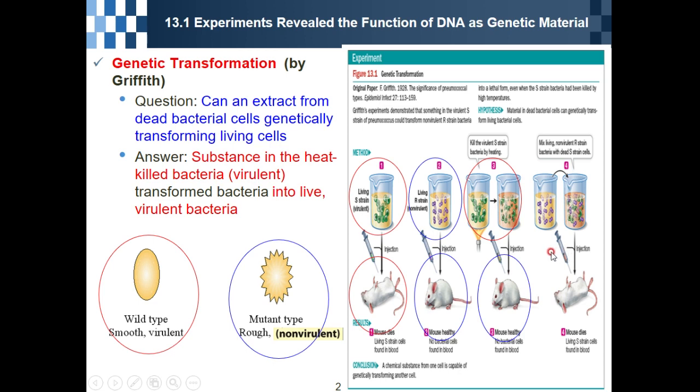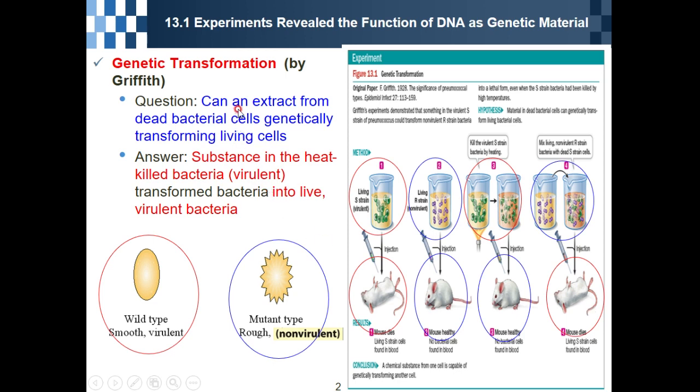However, they mixed the non-virulent R strain with the dead S strain. So they combine with each other, but the S strain was killed by heating. After that, they found that the mice died.